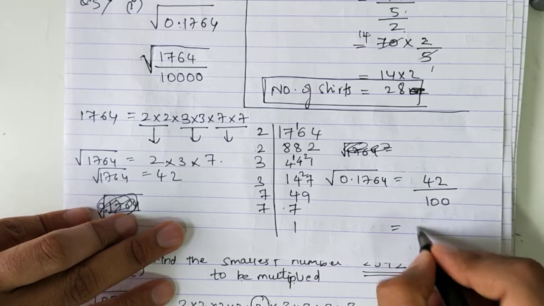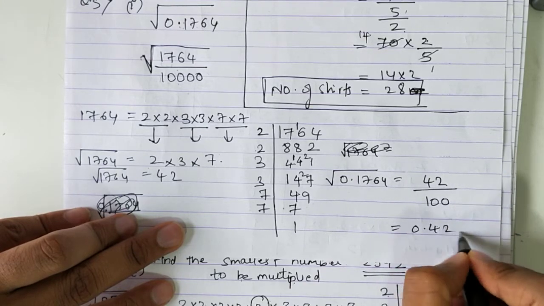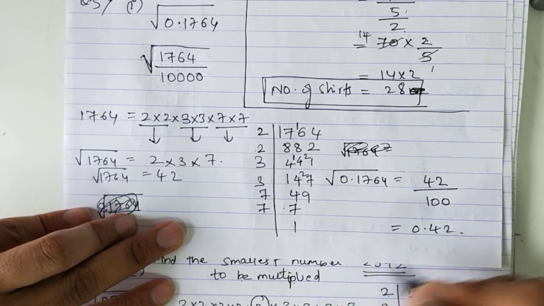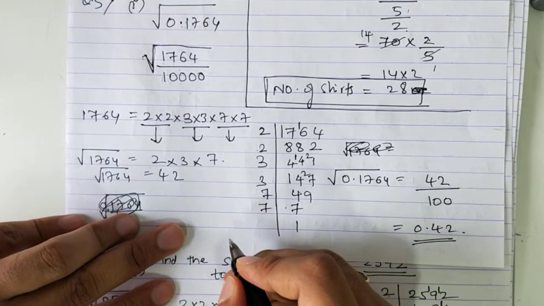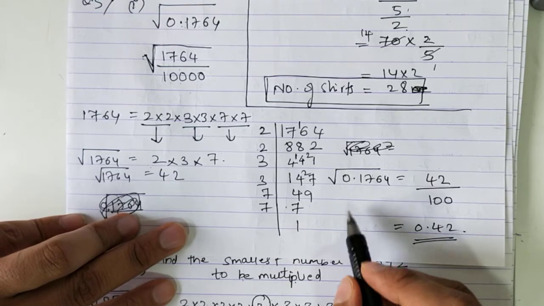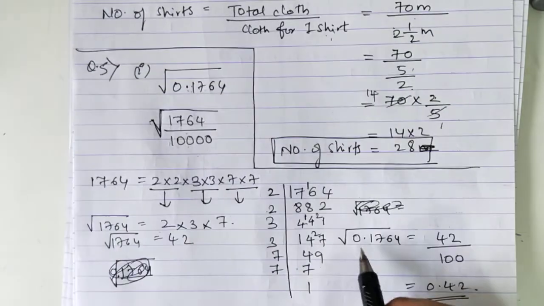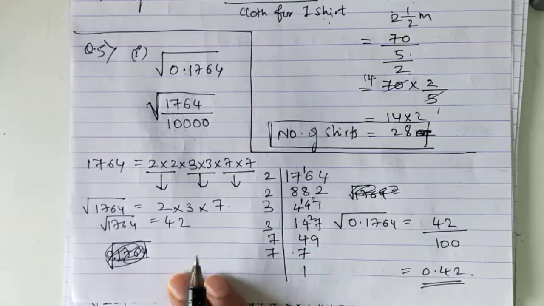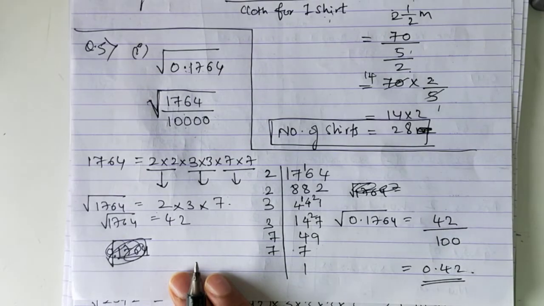So this is 42 upon 100, that is 0.42. So the square root of 0.1764 is 0.42.